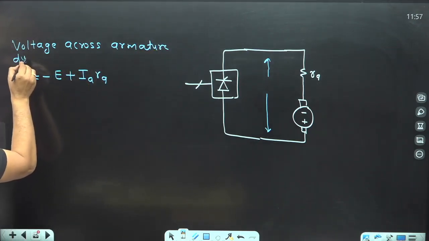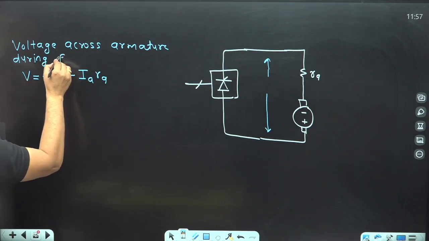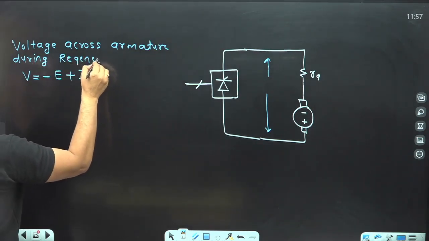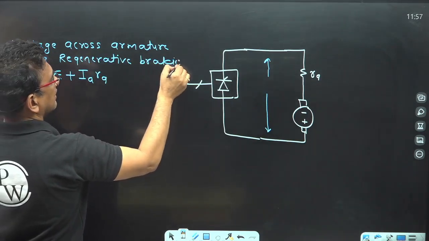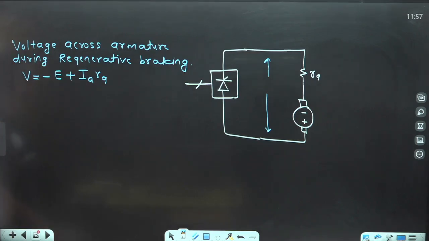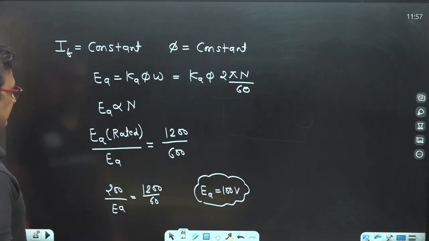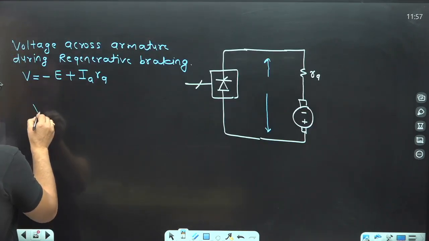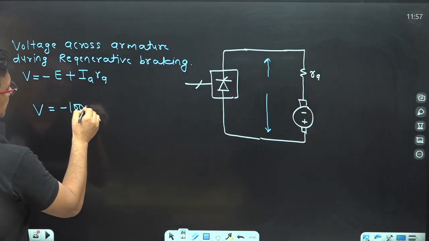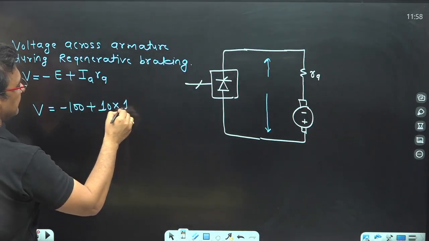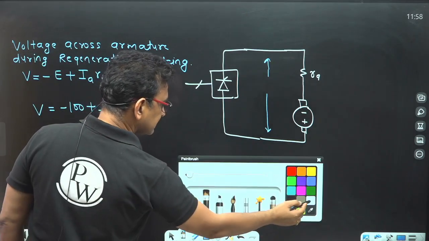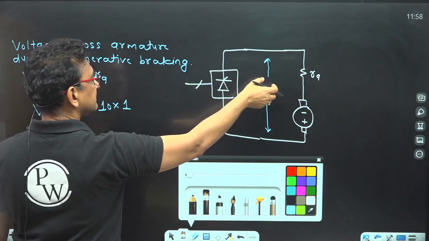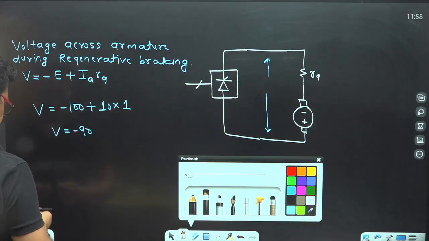During regenerative braking, V is minus 100 plus 10 into 1, that is minus 90. And we all know that this V is the output of the converter.